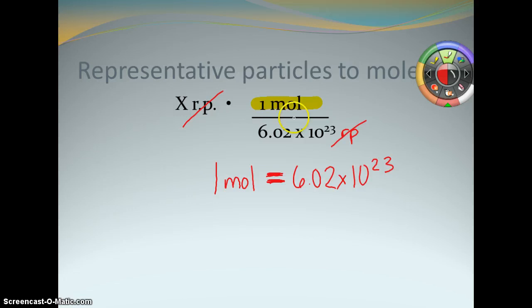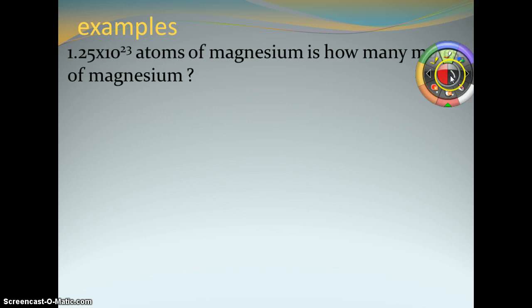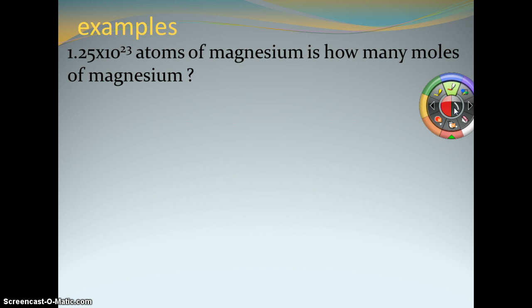So let's look at a couple of examples. First example we have is how many moles of magnesium are in 1.25 times 10 to the 23rd atoms of magnesium.